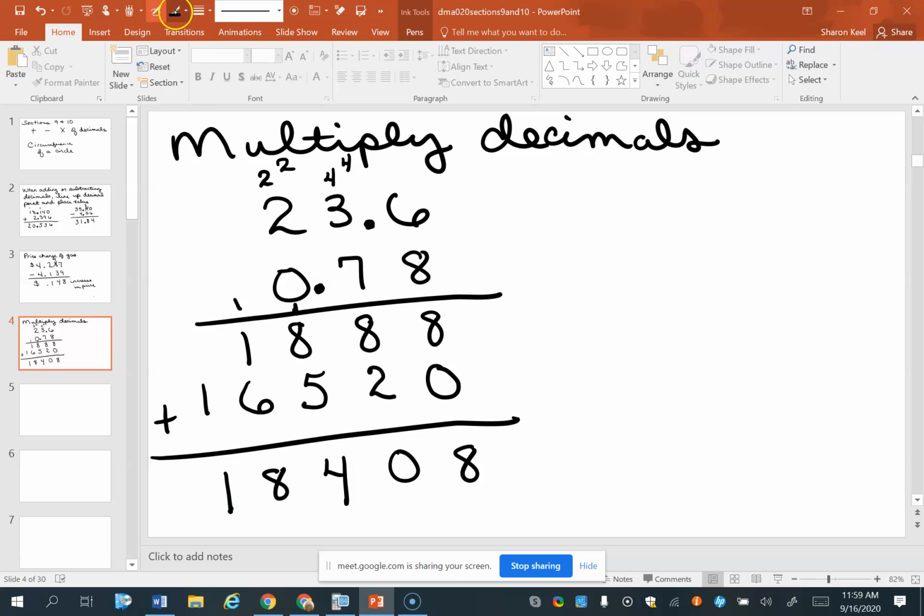Now, what we have to do with multiplication, at first, you just multiply as you would normally multiply. Then we're going to come to the original problem and count how many numbers come after the decimal. We have 1, 2, 3.